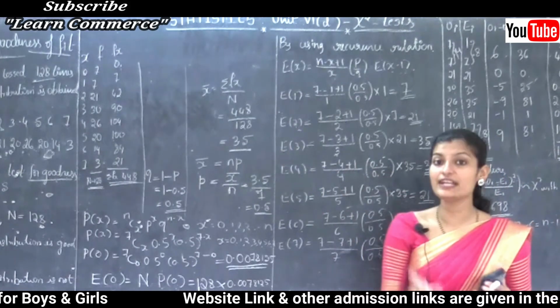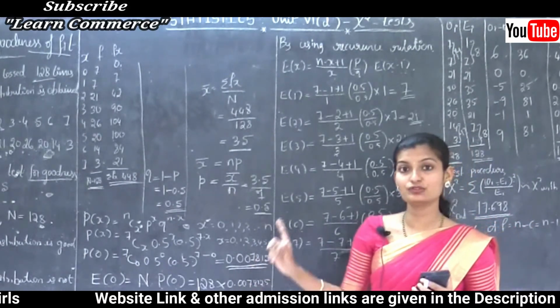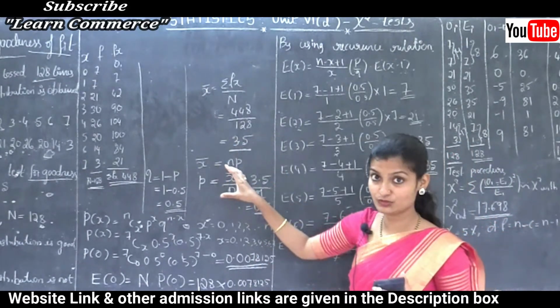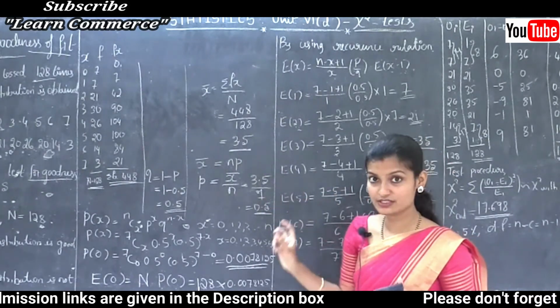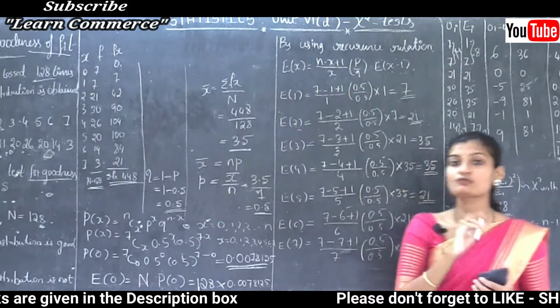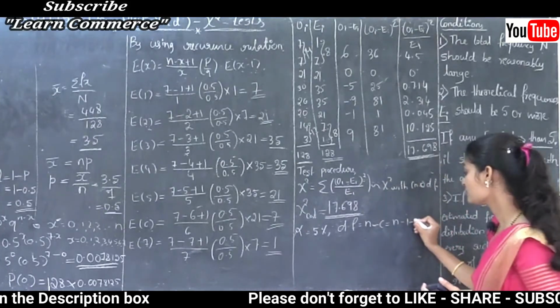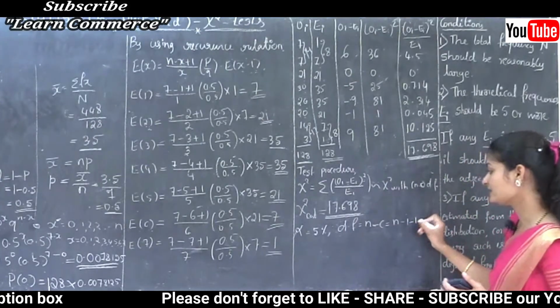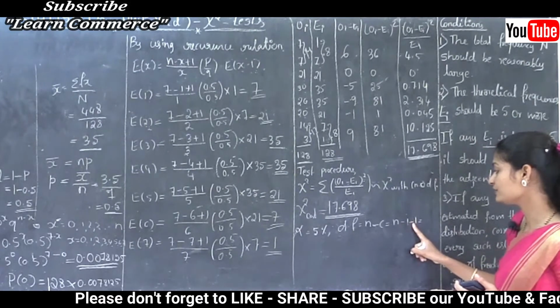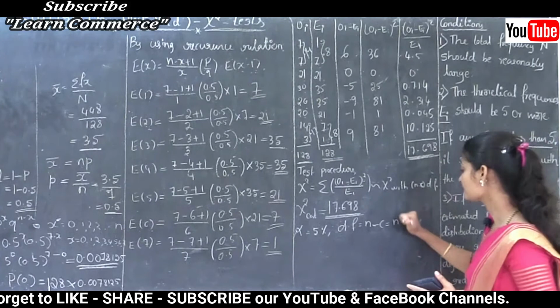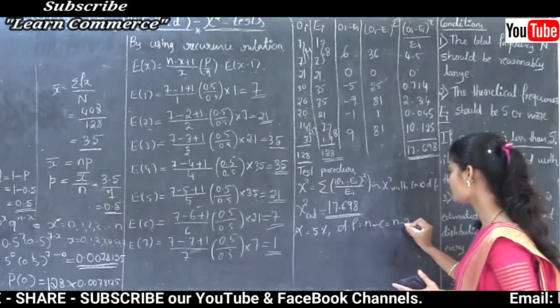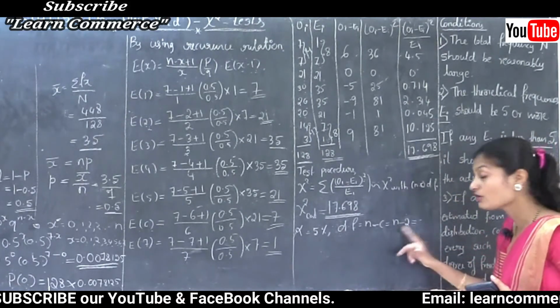So we have to reduce 1 more degree of freedom: n minus 1 minus 1, that is n minus 2.